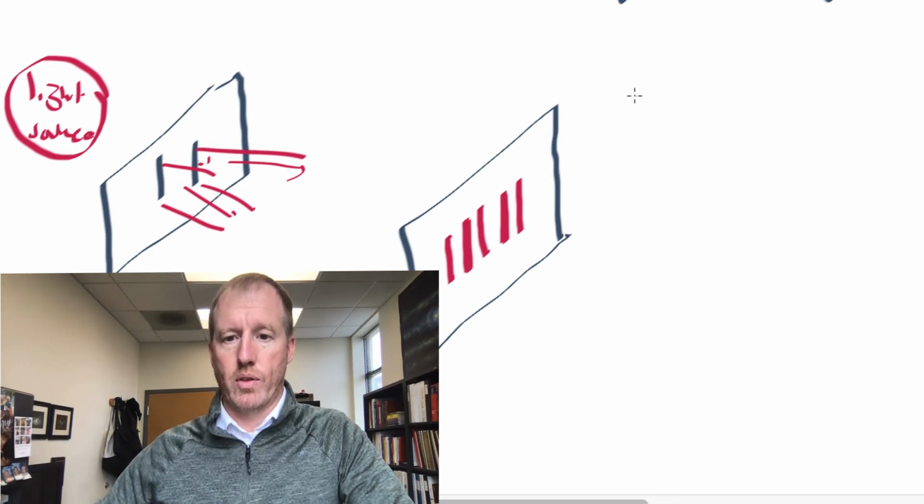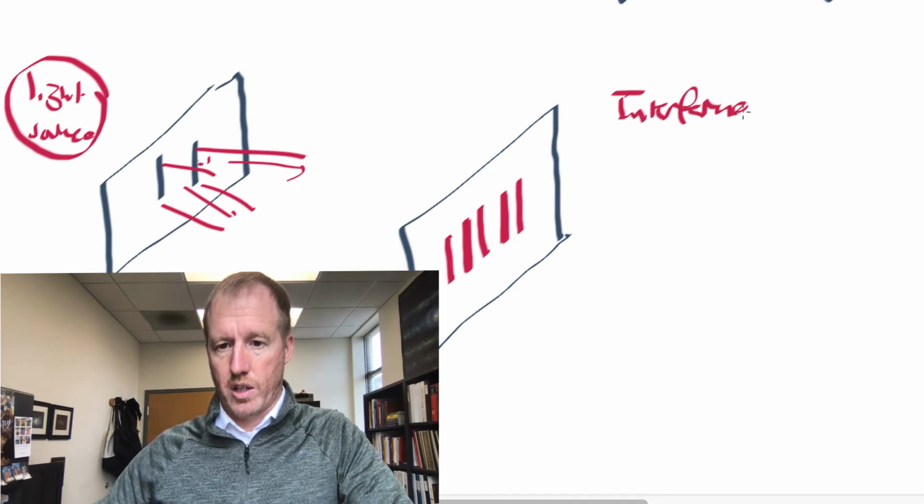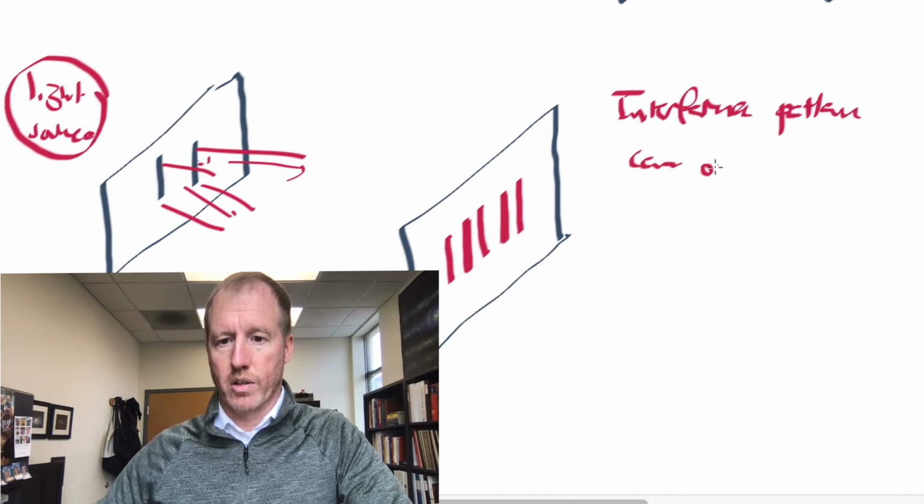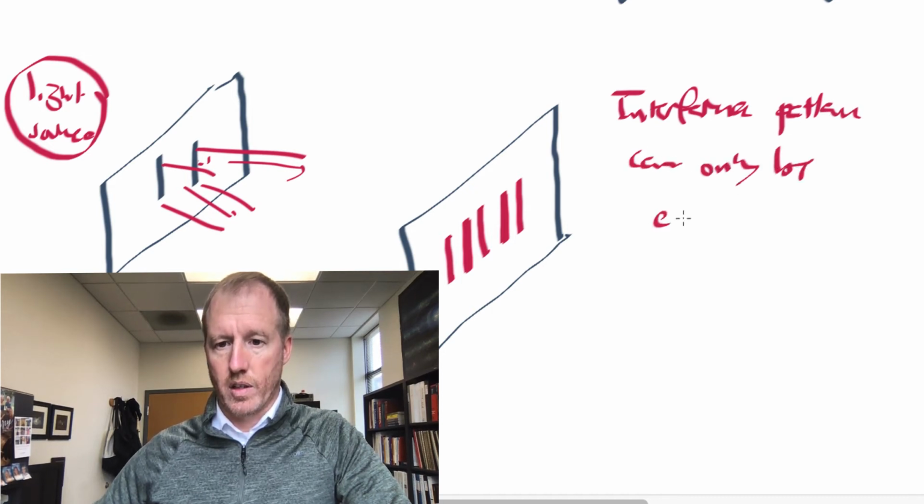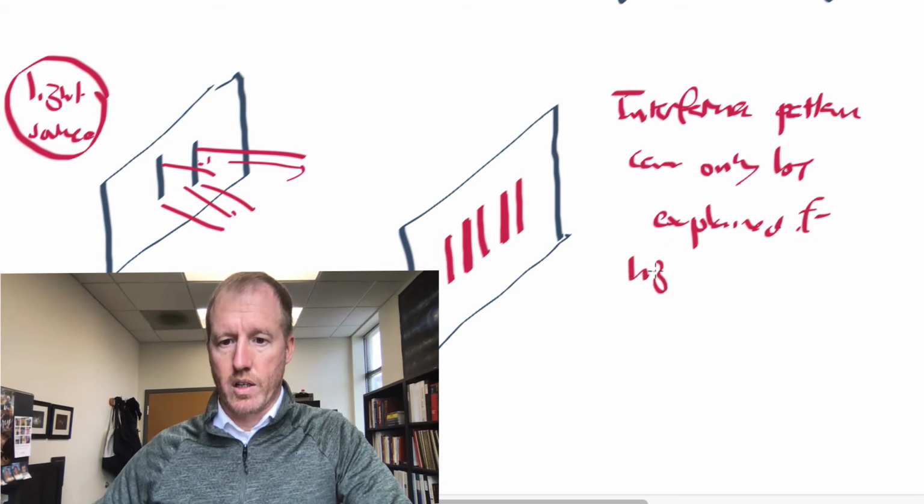And he argues that this interference pattern can only be explained if light is a wave.